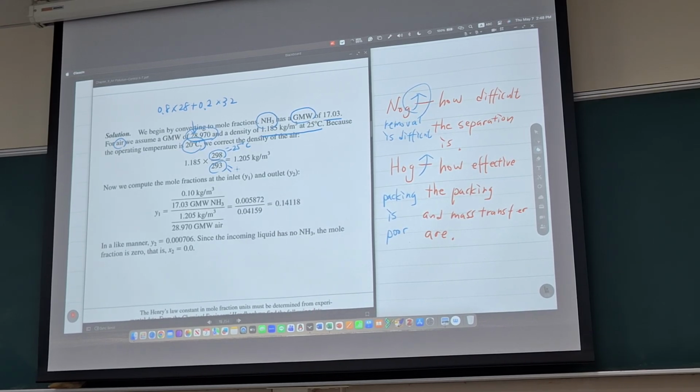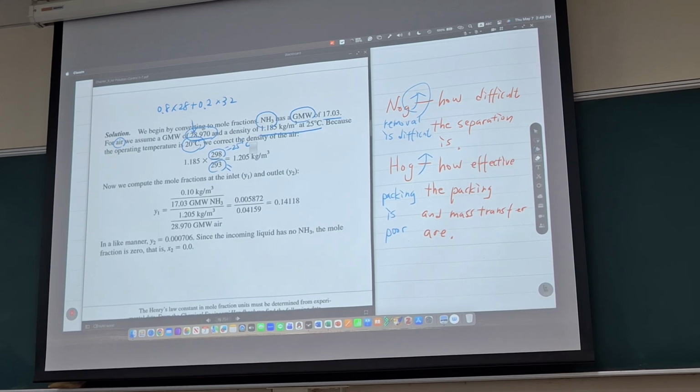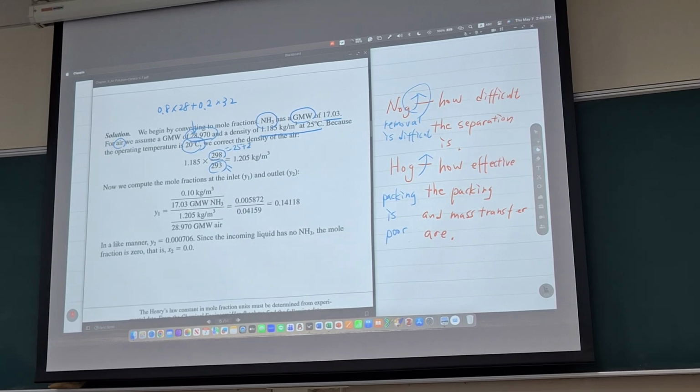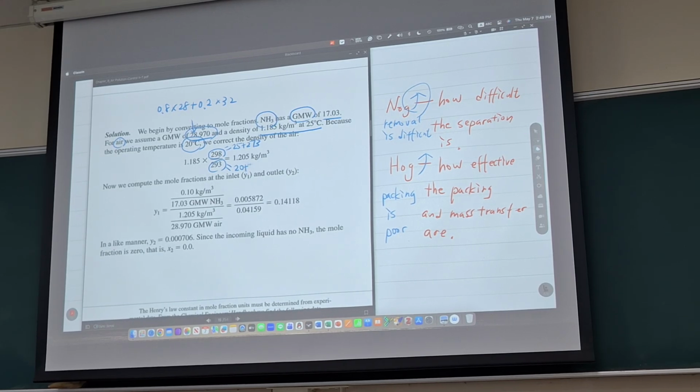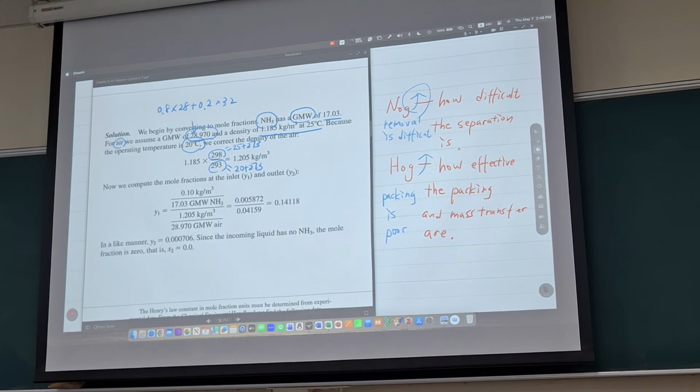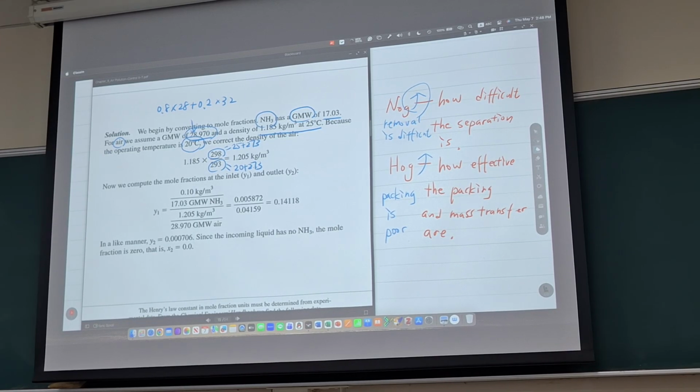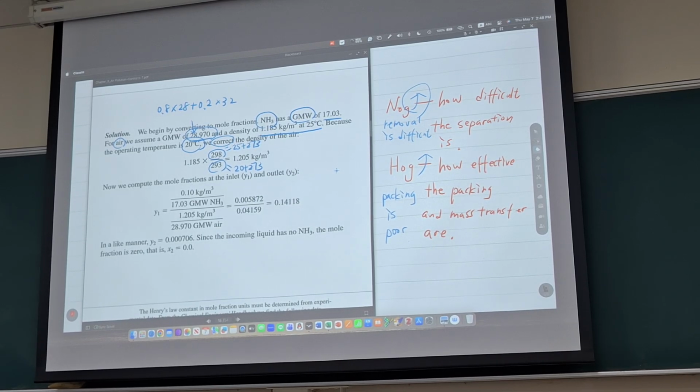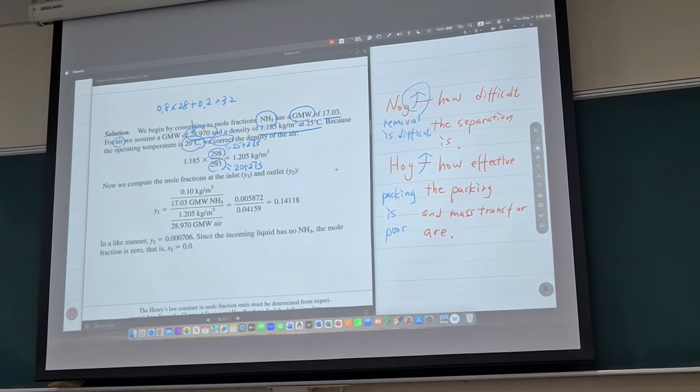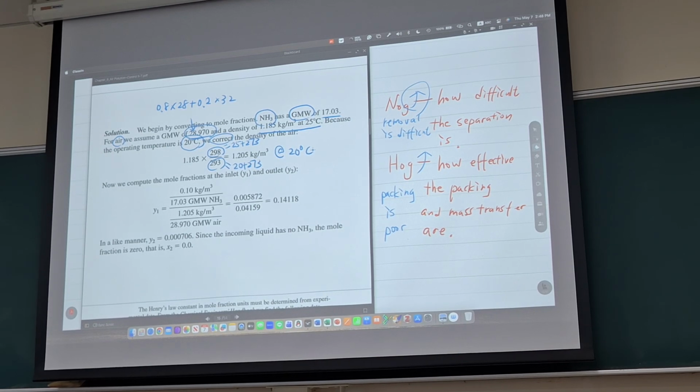This one is for 25 plus 273, and this is 20 plus 273. We need to correct the density. So this is the density at 20 degrees Celsius, around 1.2.